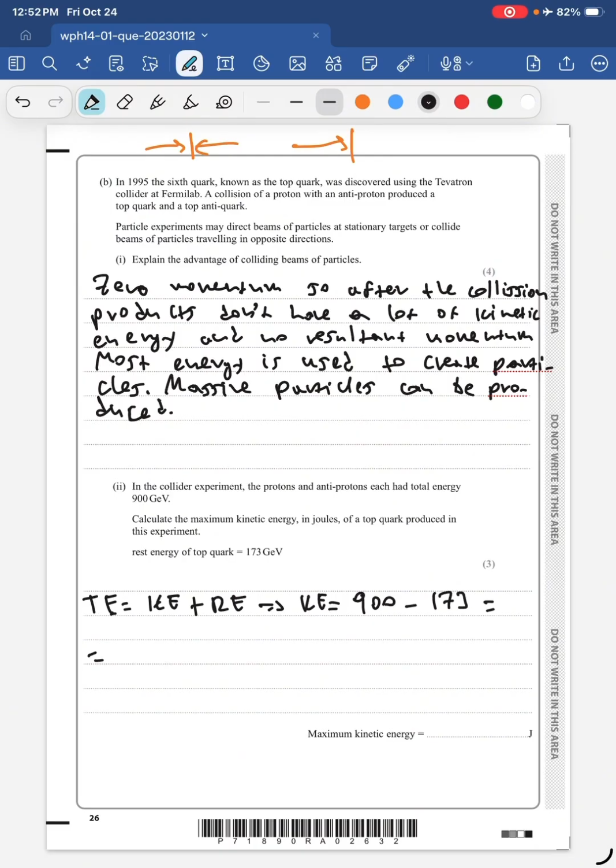So the kinetic energy is 727 GeV, which is equal to 1.16 times 10 to the negative 7 joules. So that's the maximum kinetic energy, because the total energy in relativity is equal to the kinetic energy plus the rest energy. And the rest energy, by the way, is the infamous mc squared. And that's the answer.